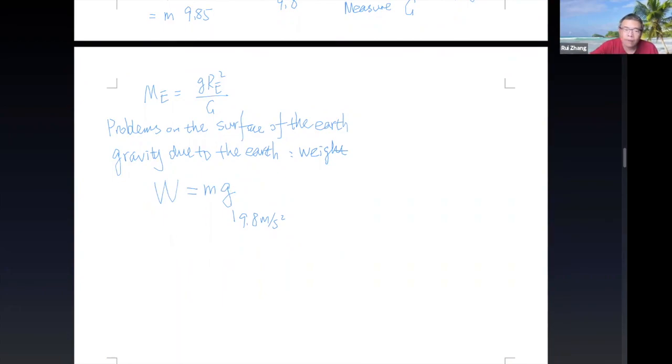Whatever mass you have is in kilograms, and then kilogram times meter per second squared gives you nothing but the force, which is in newtons. So this g here is not a real acceleration. It is only the real acceleration when you have free fall motion. When it's free falling, then it's a real acceleration. Otherwise, it's not.